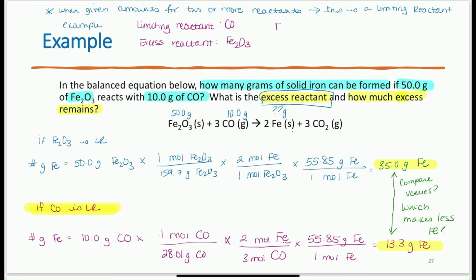I know I can produce 13.3 grams of iron, but I do not know how much excess remains. So the way to find the excess in this method is, I need to make space, but I need to remember these two numbers. So I'm going to keep what's highlighted for just a sec there.